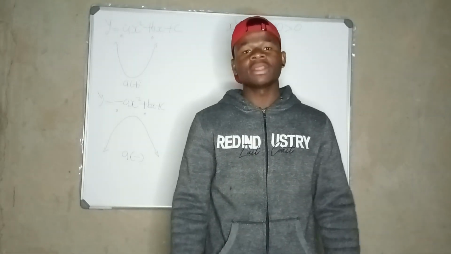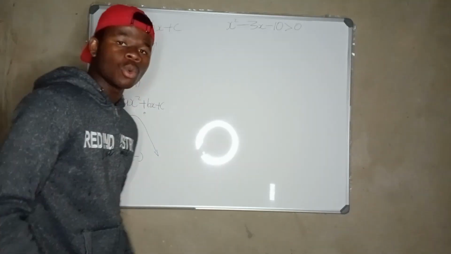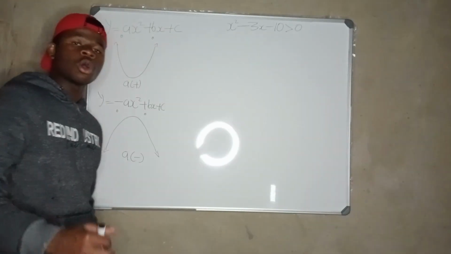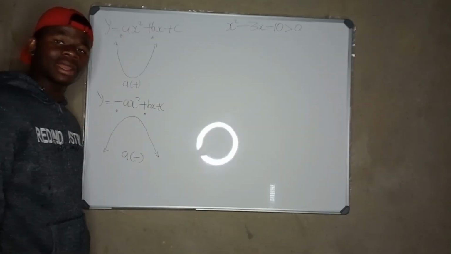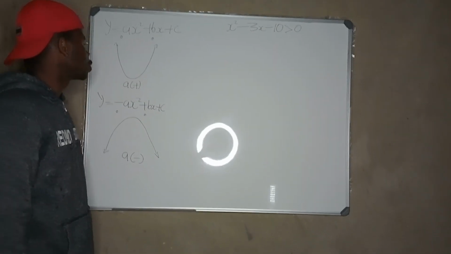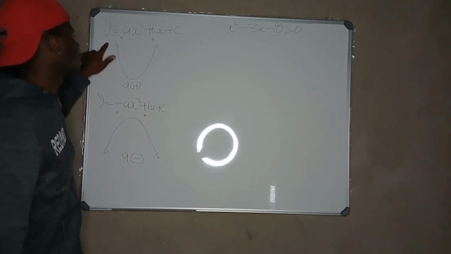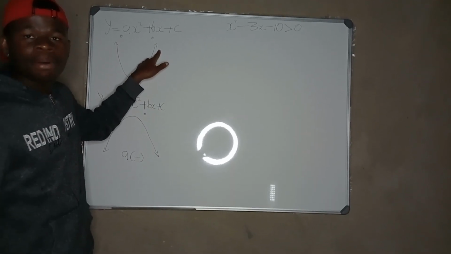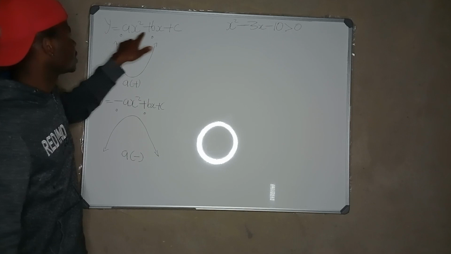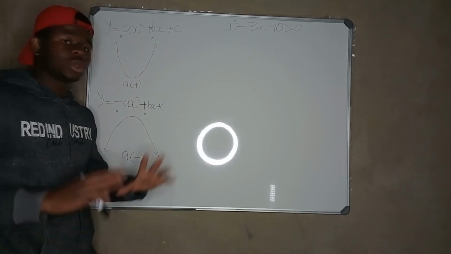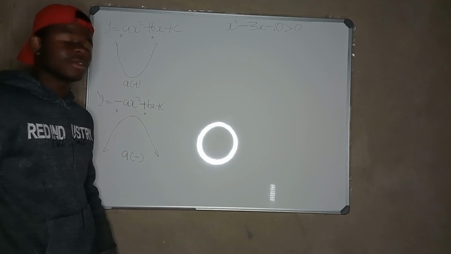First things first, we are going to recap what affects the shapes of parabolas. If I have an A that is positive, I'm going to have a smiley parabola. This is the standard form of a parabola, or you can just call it a quadratic formula.